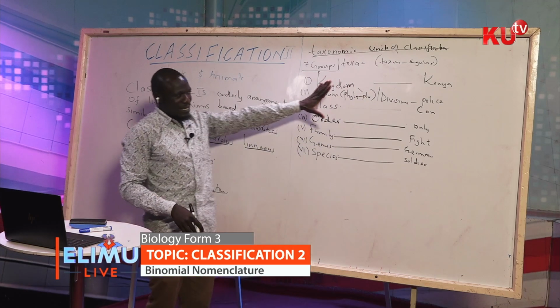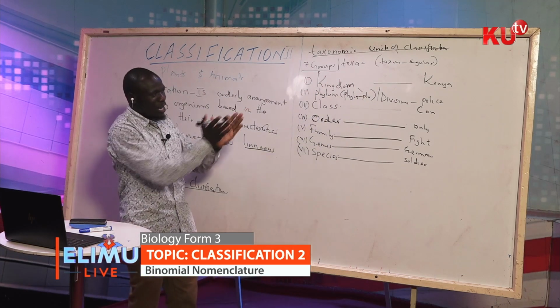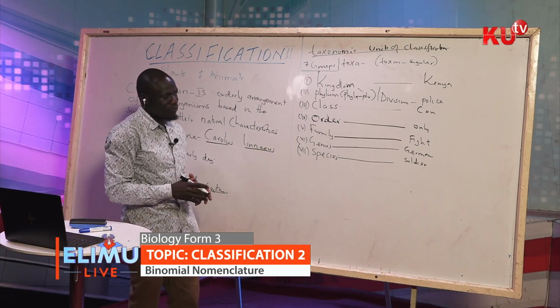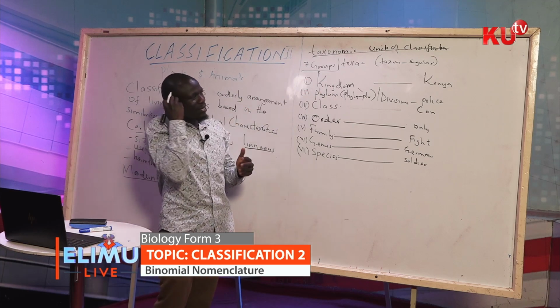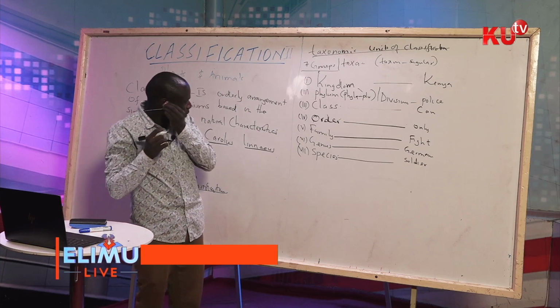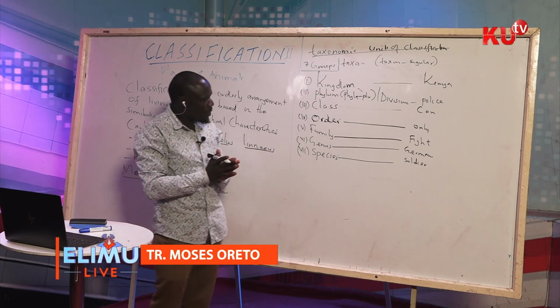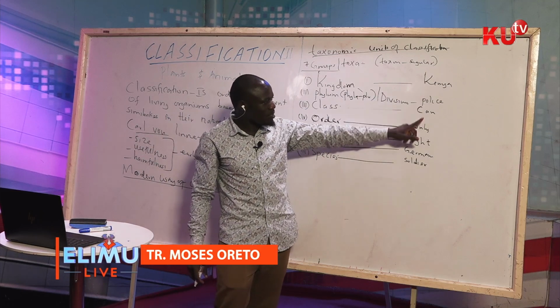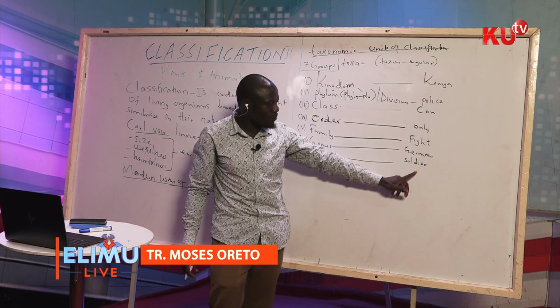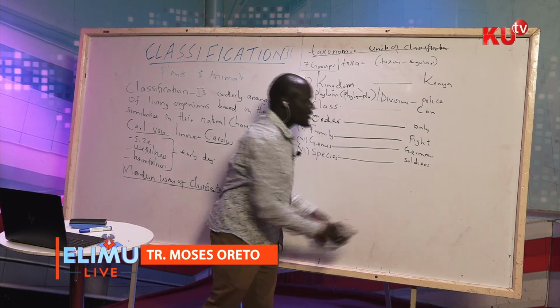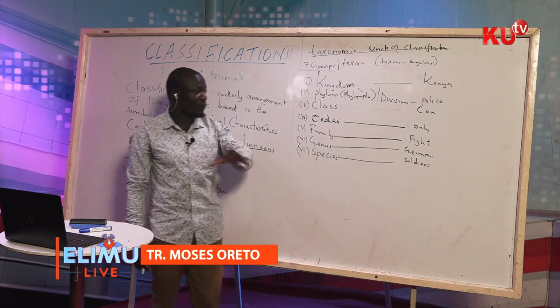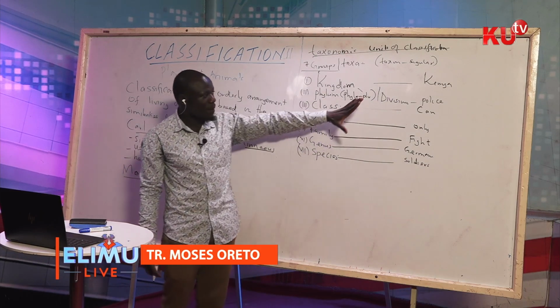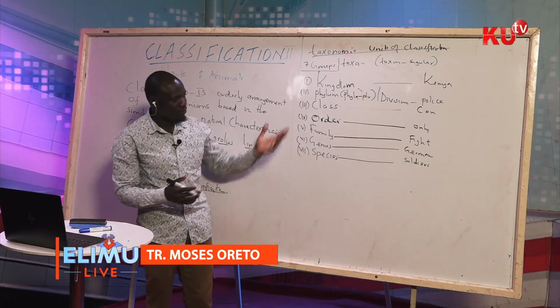So I know that there are so many ways in which we can do it, or maybe we have different formulas, but this is the one that I was able to come up with: the Kenya police can only fight German soldiers. It is different maybe from the one that you know, but it is good that we learn each day.